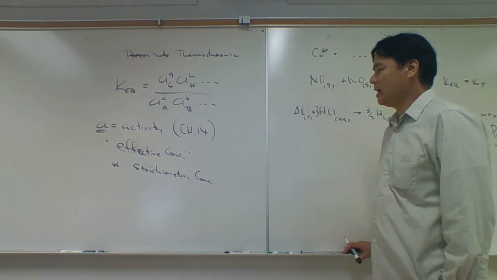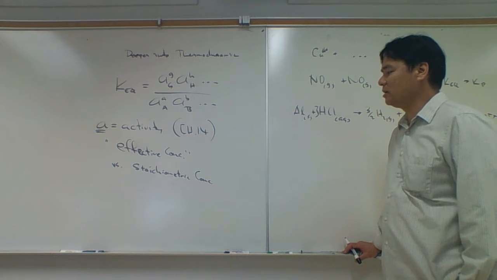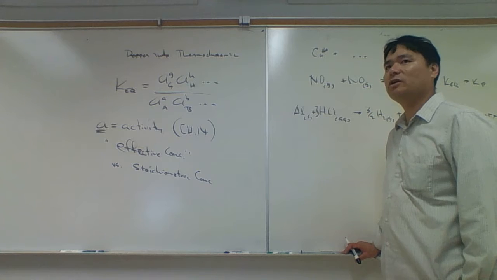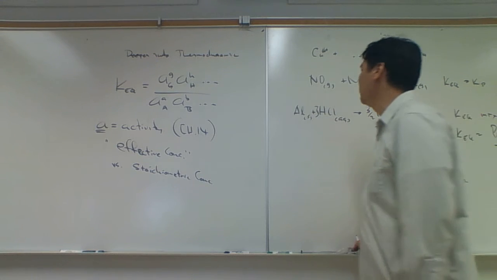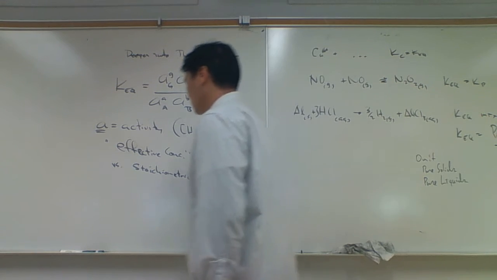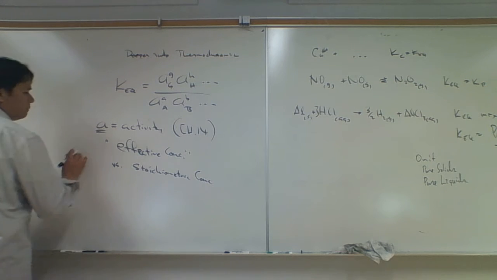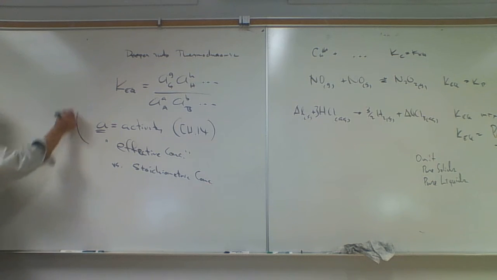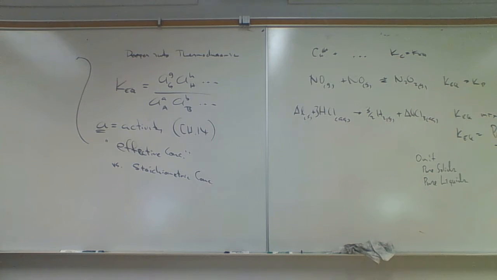Sometimes what we see is that the effective concentration is less than the stoichiometric concentration. Do you know why? One of the examples in the book is given by certain carboxylic acids.